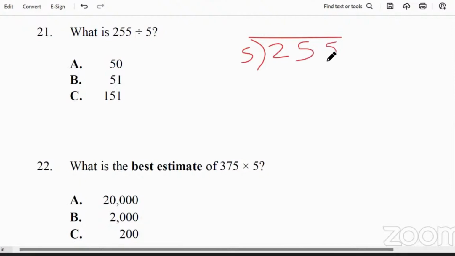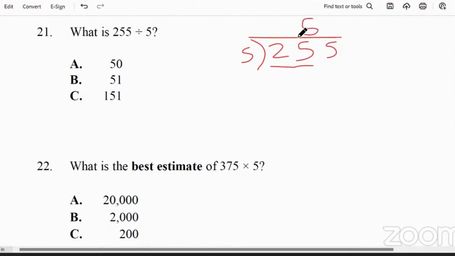All right, so now when we're trying to divide, if the first number is smaller than the divisor, then we are going to be using the first two numbers. So in this case, we could not divide 2 by 5, so we're going to be dividing 25 by 5. 25 divided by 5 gives us 5.